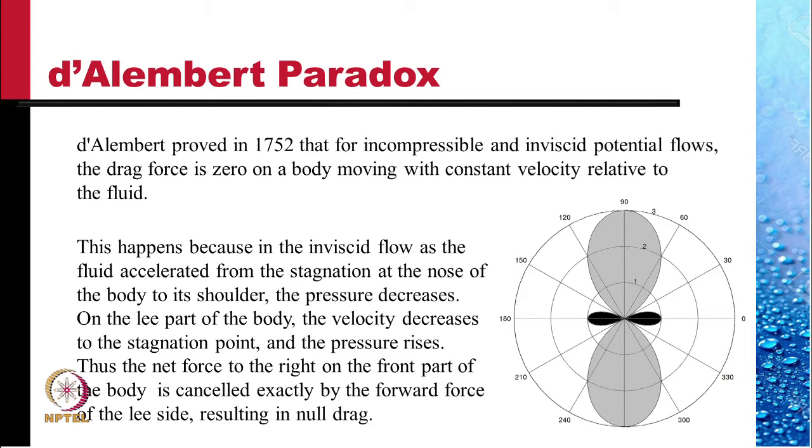Thus, the net force on the front part of the body is being cancelled exactly by the forward force on the lee side, resulting in 0 pressure drag. Of course, there are no shear stresses, so there is no shear drag.